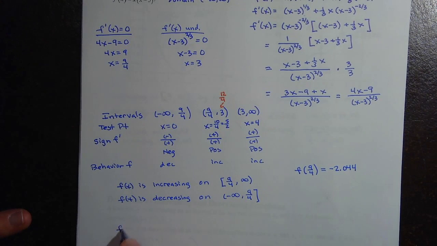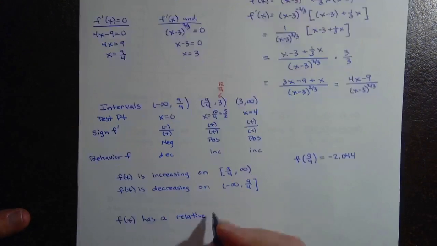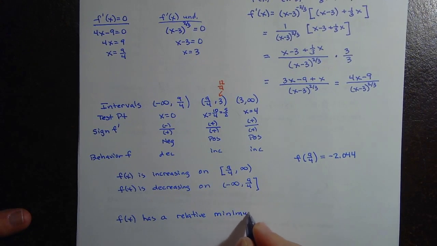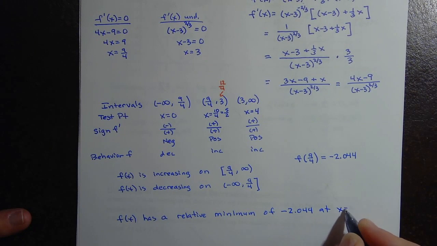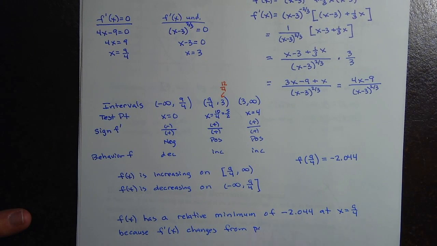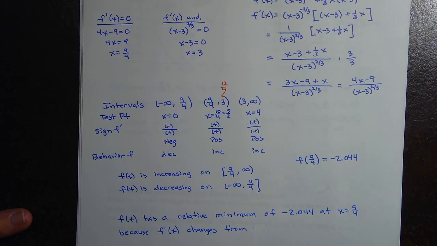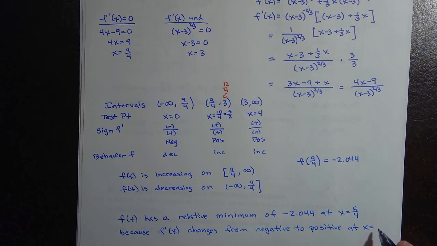So f of x has a relative minimum of -2.044 at x equals 9/4 because f prime of x changes from negative to positive at x equals 9/4.